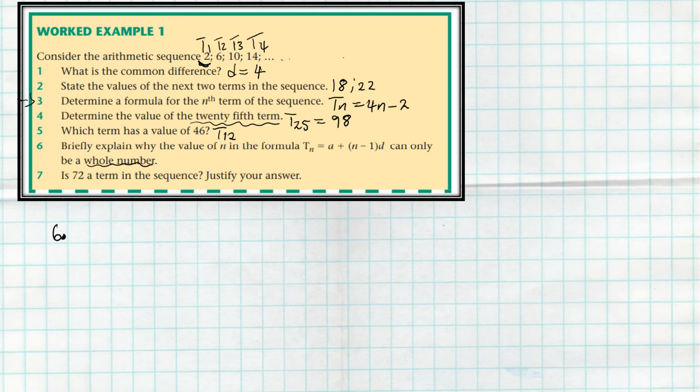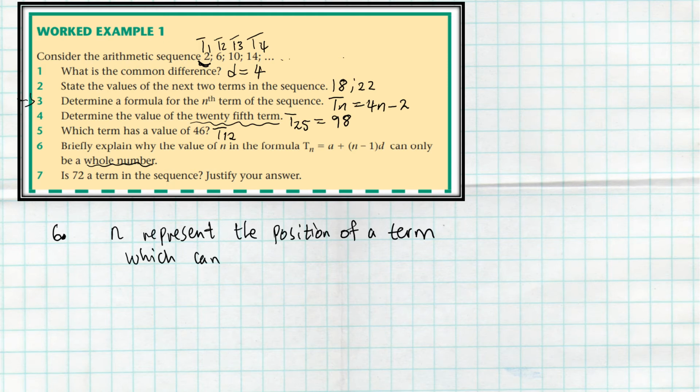This is because n represents the position of a term, which can only be an element of the natural numbers.